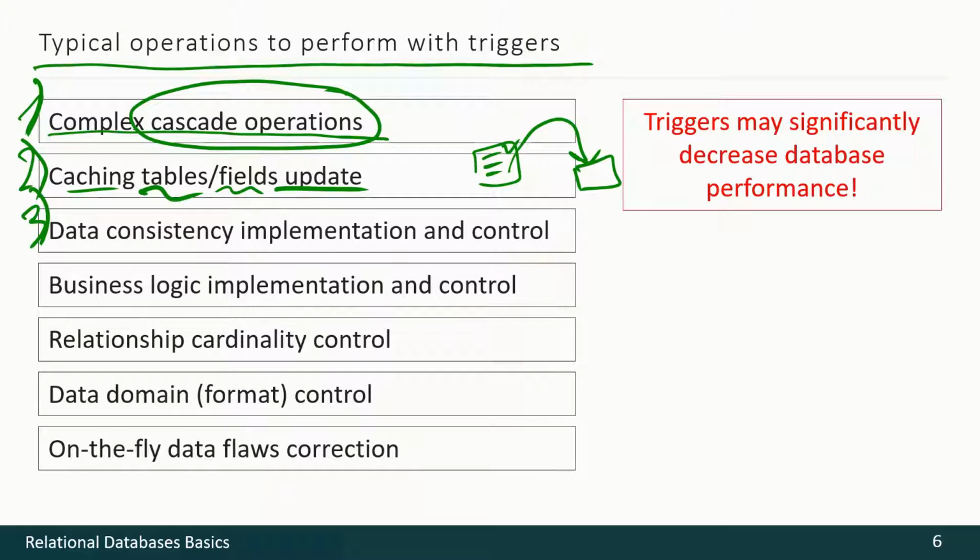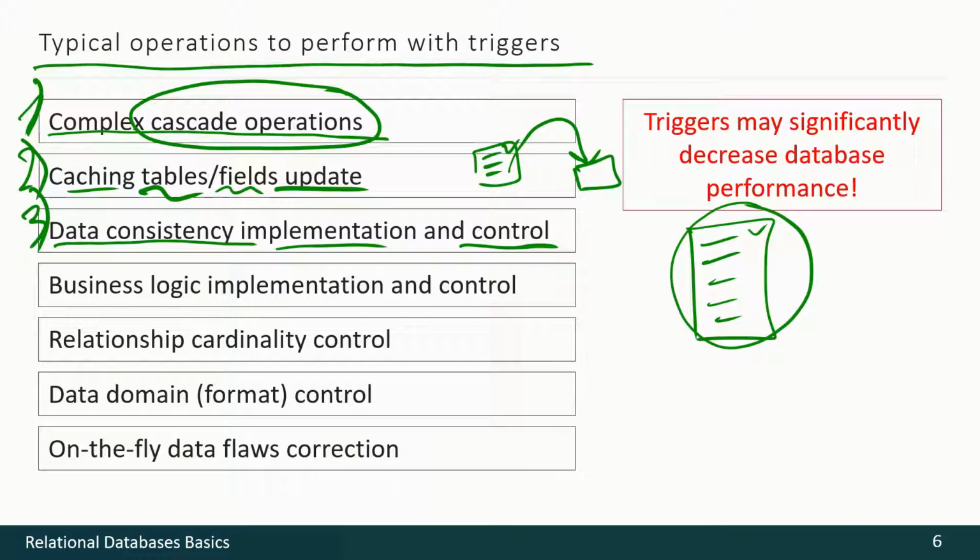With triggers, you may achieve data consistency implementation and control, because once some data is changing in your database, you may enforce some rules on how the data may be changed and how the situation may look in the final state of that operation of data modification.